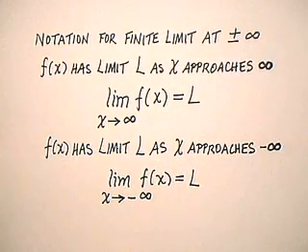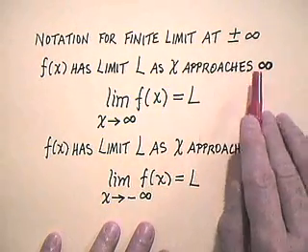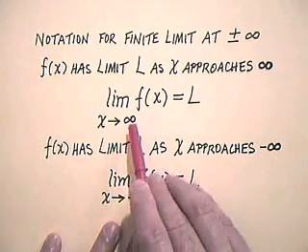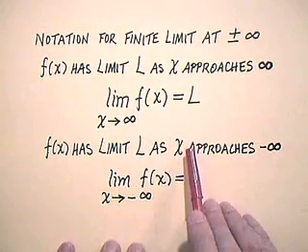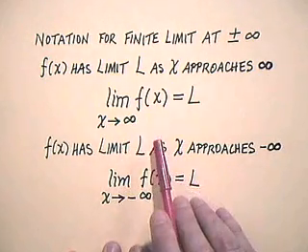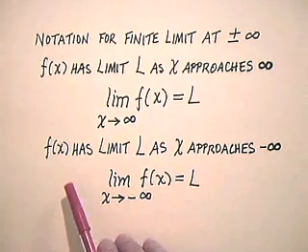Now let's discuss infinite limits, that is, limits at infinity which are finite in value. Our notation for a finite limit at plus or minus infinity is that f of x has limit capital L as x approaches infinity, denoted limit underneath x arrow infinity of f of x equals L. So when you see the x arrow, this 8 on its side, that's indicating the limit as x approaches infinity of f of x.